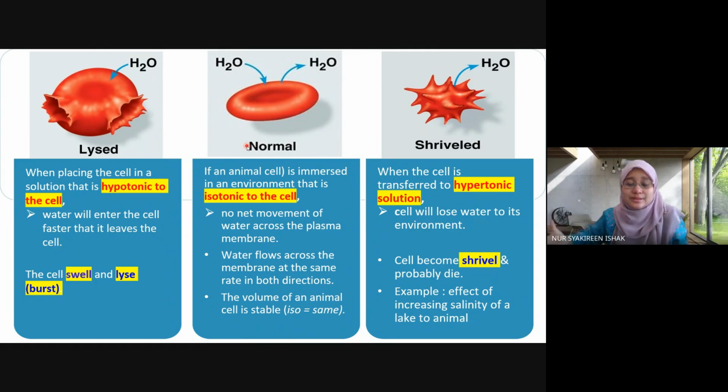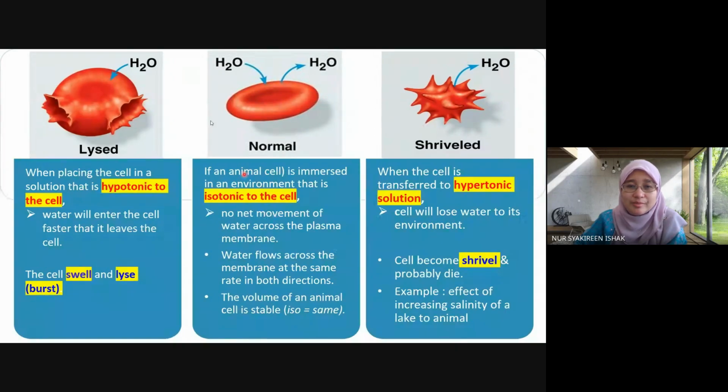So it bursts. Next, if you immerse the animal cell in a solution that is isotonic, the concentration of solute outside and inside the cell is the same. So there will be no net movement of water across the plasma membrane.